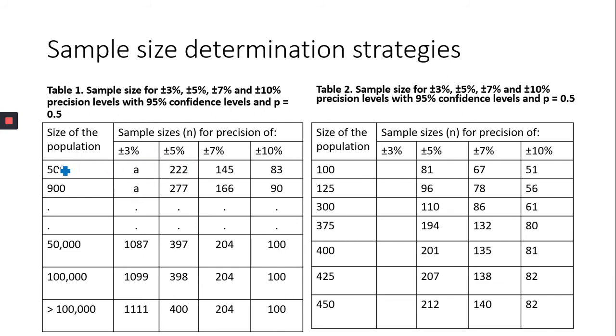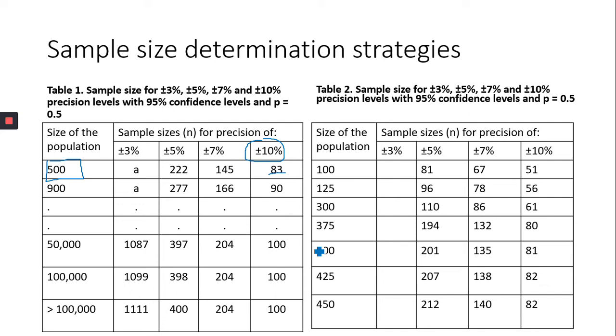So what happens, suppose you have a population size of 500 and the desired error margin is 10%. Using Yamane, the sample size required is 83. When we talk of sample size, we are not talking of what you write on paper. We are talking of what you get after administering.